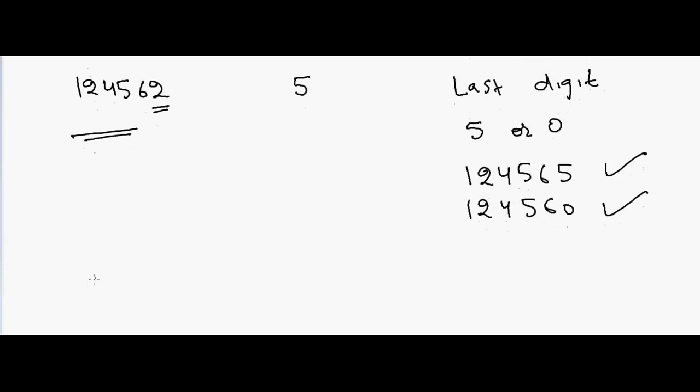Now let's talk about divisibility by 6. So I have 1 2 4 5 6 2. Is this number divisible by 6? To check that, we know that 6 is a multiplication of 2 and 3, so we have to run the test for 2, and then the test for 3. Because this is an even number, it is divisible by 2, so this is okay.